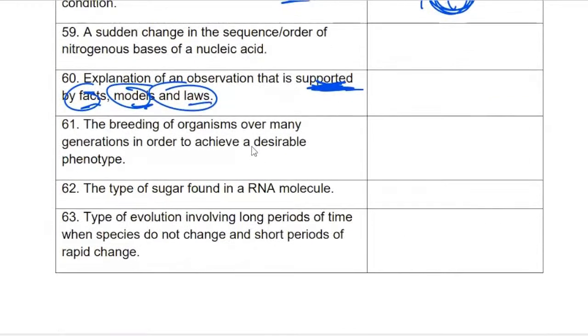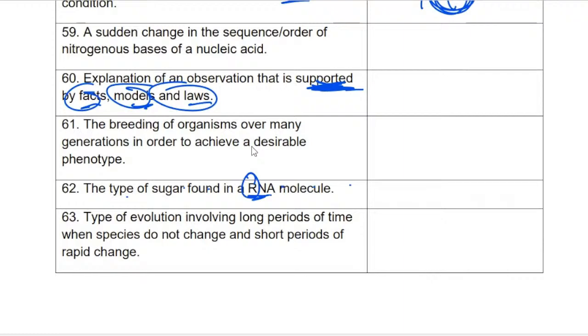The breeding of organisms over many generations to achieve a desirable phenotype is artificial selection. The type of sugar found in RNA is ribose sugar.